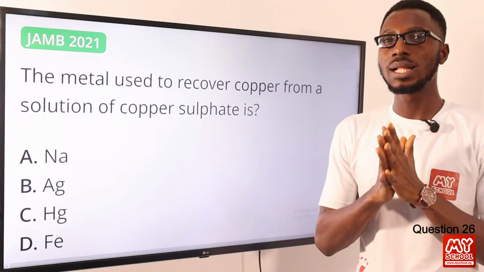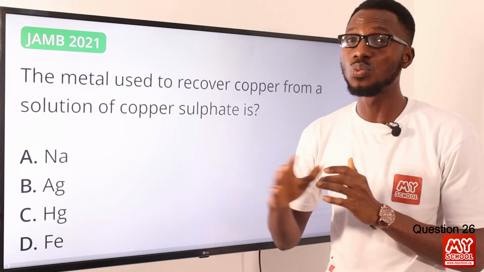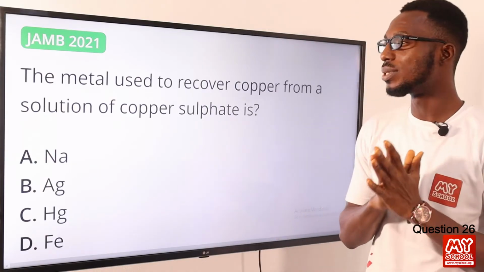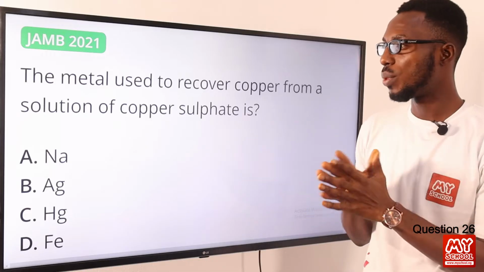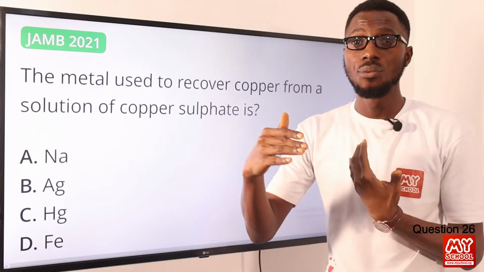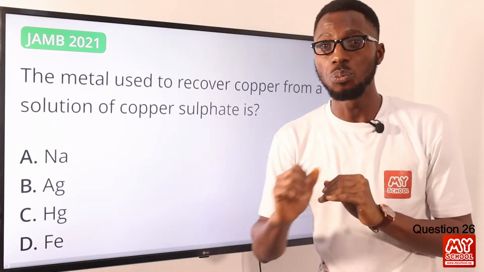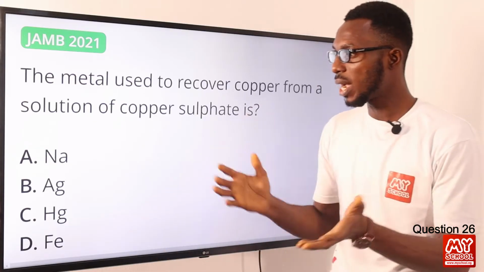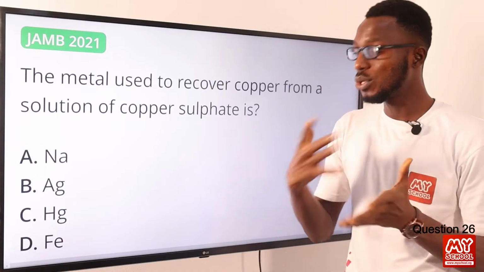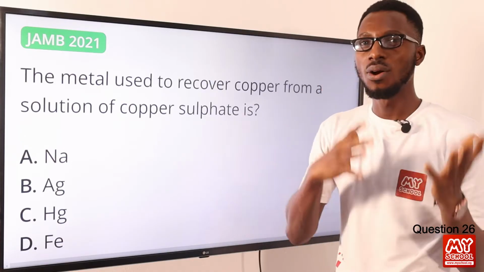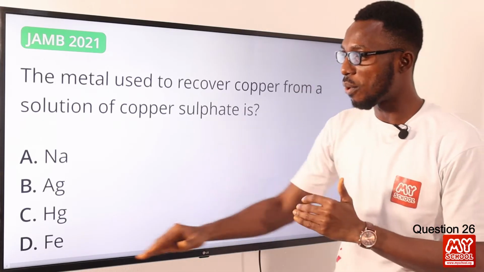If you look at the reactive nature of sodium with water, this makes it unsafe for usage. We are looking for a stronger reducing agent, of course, but we must consider the reactivity with water as well. So if you look at the whole setup, the most viable one is iron, although there are many other reasons why we should go for iron.